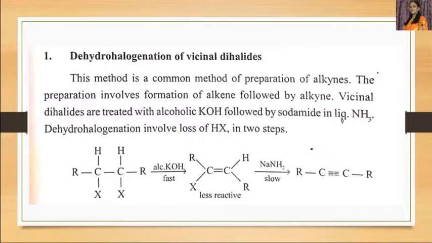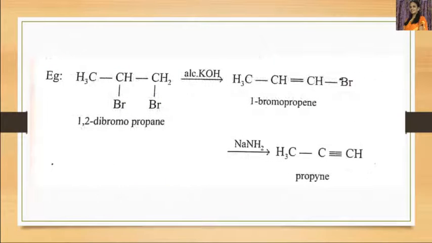Now let us see one specific example for the preparation of alkynes by dehydrohalogenation. Let us consider this example. This is 1, 2, 3 carbons, therefore propane, with bromine on the first carbon and bromine on the second carbon.